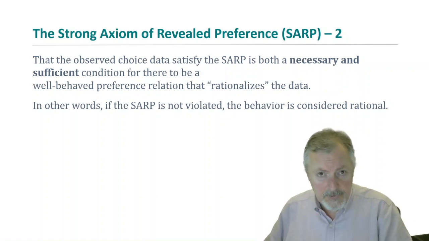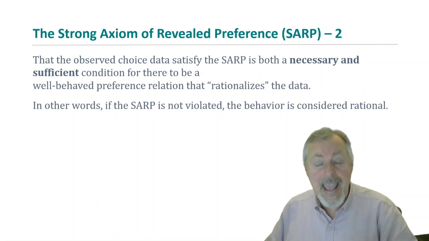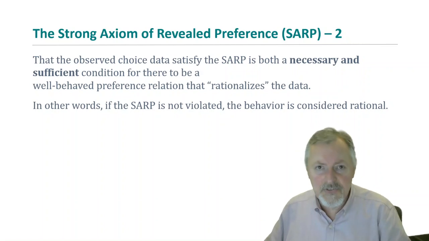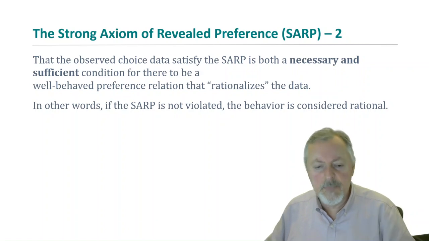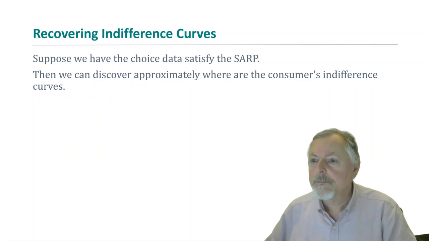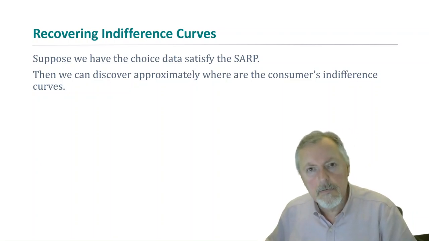The strong axiom, which tests for both directly and indirectly revealed choices that are contradictory, is necessary and sufficient for your choices to be rational by our standard. So, how does this help us understand indifference curves?